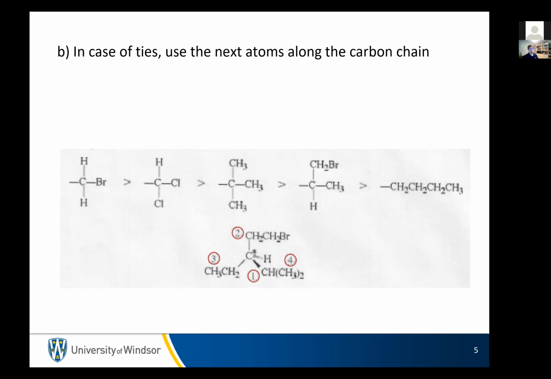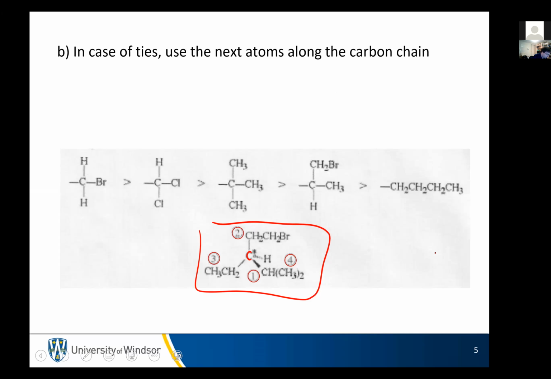In case of a tie, like this guy here, in really horrible resolution, I'm really sorry about that. This carbon is attached to 3 different carbons. Well, those are all carbons. That doesn't help me very much. Okay. So what I look at next is, well, what's the heaviest thing that carbon's attached to?